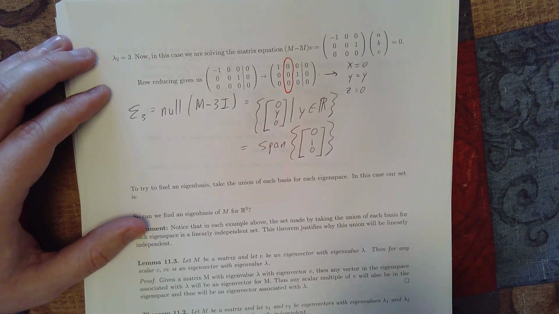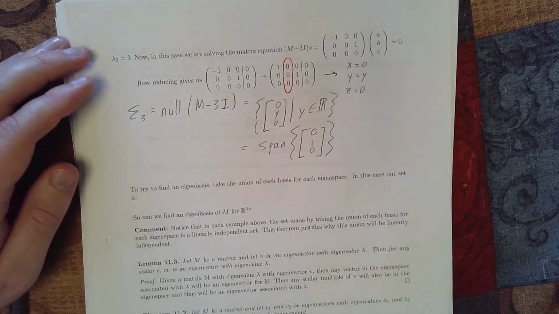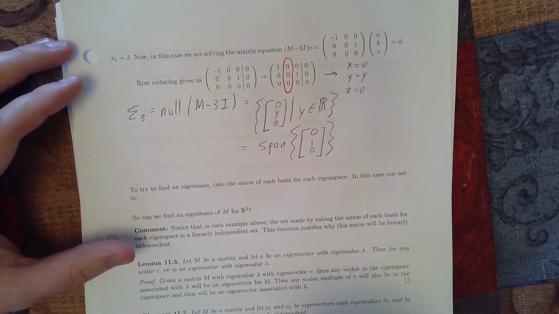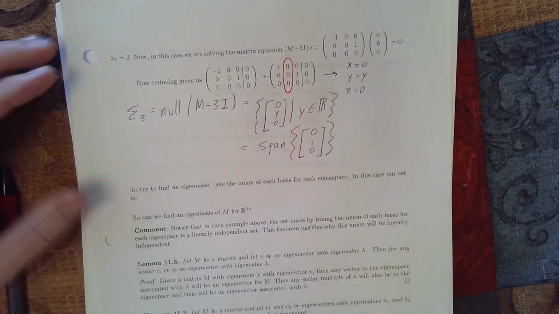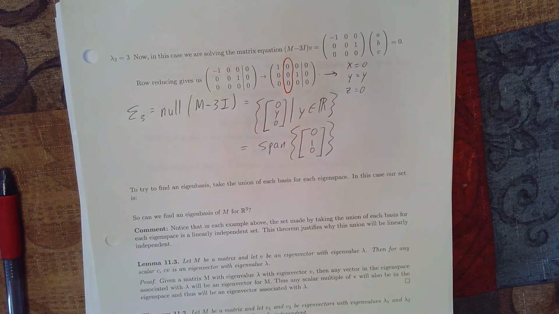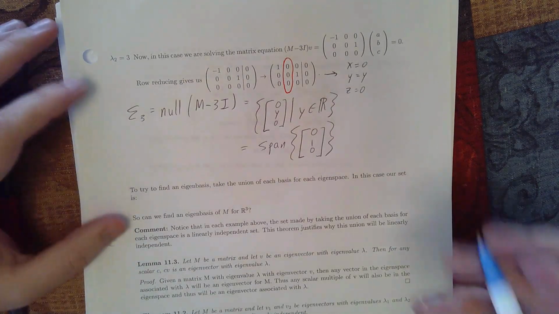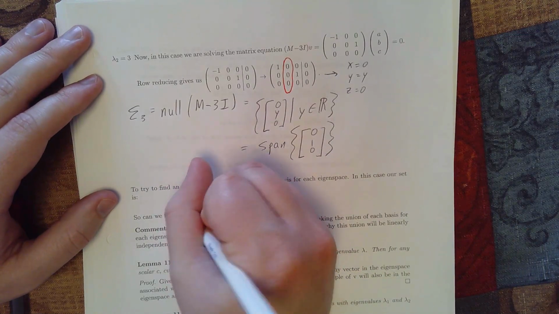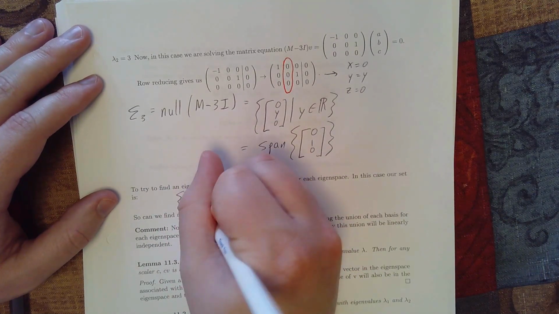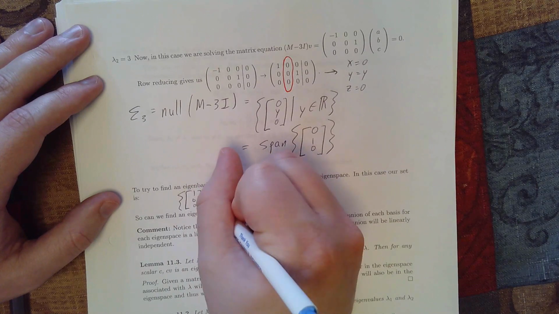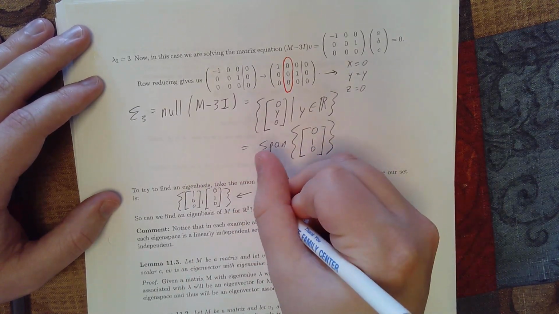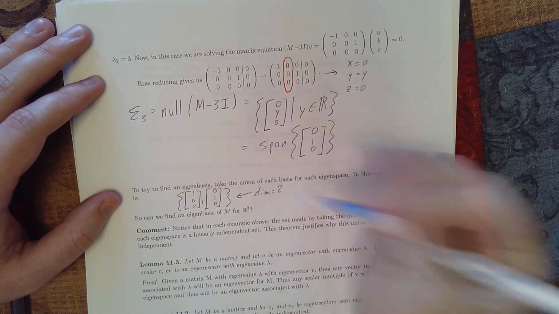So here we had one eigenvector before, we've got another eigenvector here. So in order to try to find our eigenbasis, what we're going to do is take and join those two bases together. So we get (1, 0, 0) and (0, 1, 0). So note that this has two vectors.